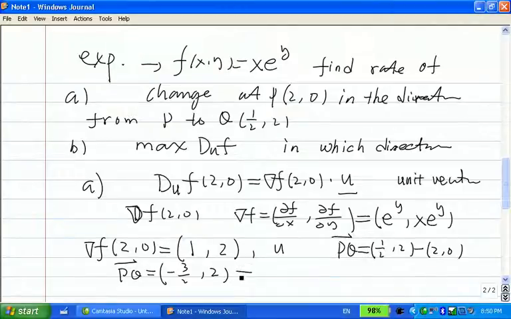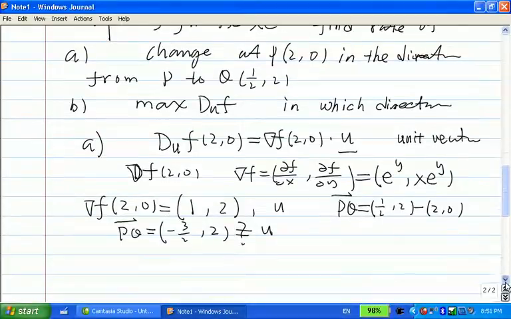So the question is, is this our u? No. We know u is in this direction, but this one is not a unit vector. Therefore, my u should be vector PQ in that direction, but divided by its magnitude.